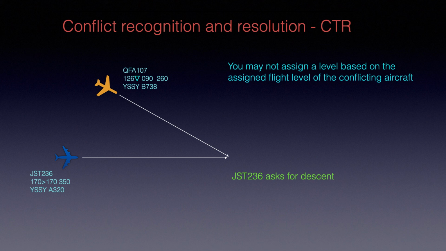Obviously, they're coming into Sydney and he's getting close. So, at what level can Jetstar 236 be assigned? Don't forget, these are converging tracks. Okay, so your radar separation minimum is going to be 5 miles.